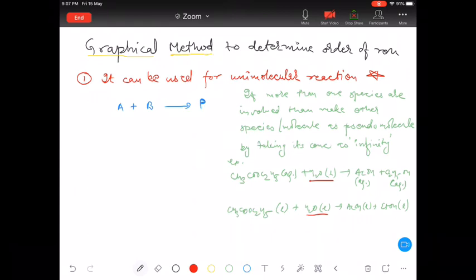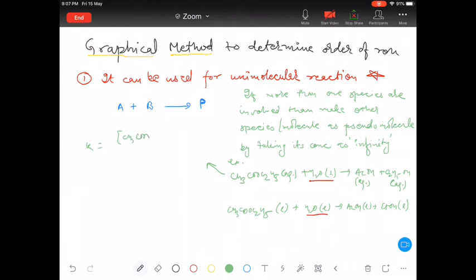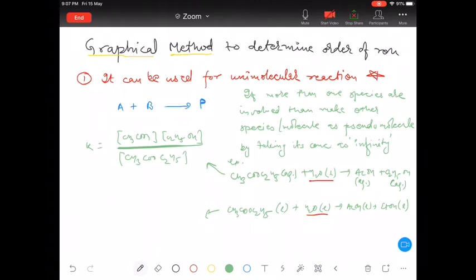When I used to write equilibrium constant for these reactions, for this particular reaction, I'll be writing equilibrium constant K or Kc as concentration of CH3COOH into C2H5OH divided by CH3COOC2H5, like this.